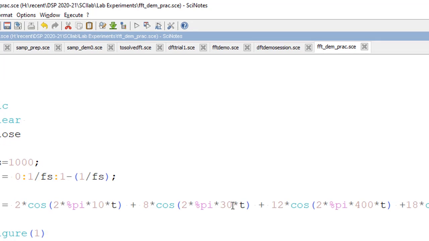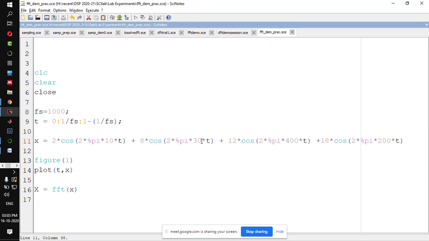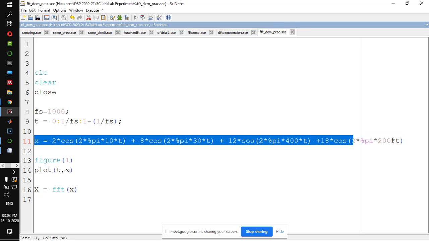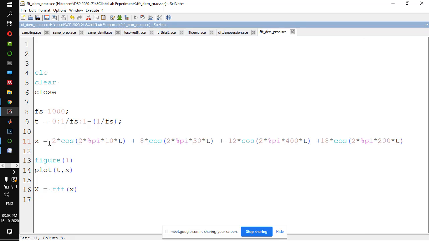But while solving problems, how many samples do we usually take? In theory, we solved a number of problems, right? What was the maximum length you have taken to solve a problem? Maximum 8. But in practical applications, it will be in terms of 1000, right? Just to convince you, I have given the sampling frequency as 1000.